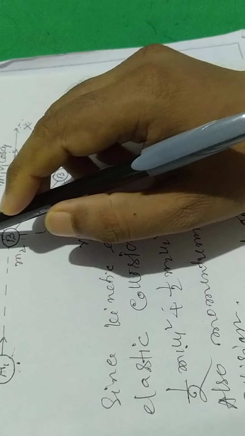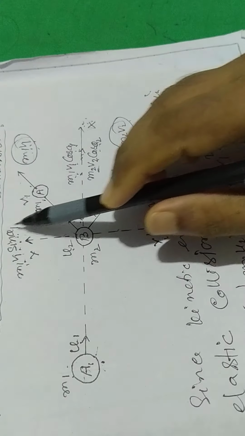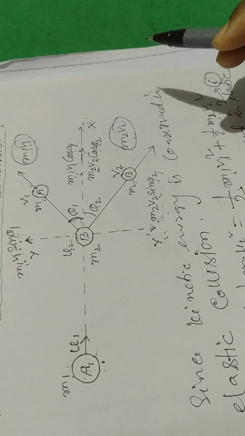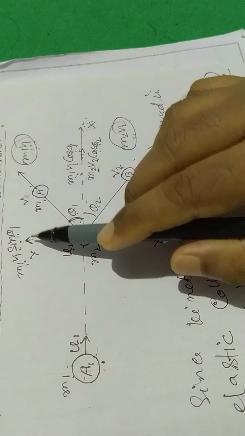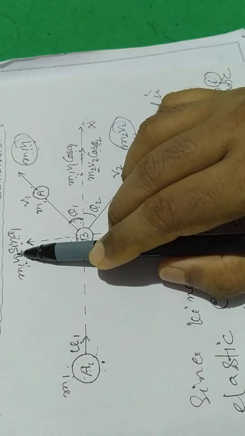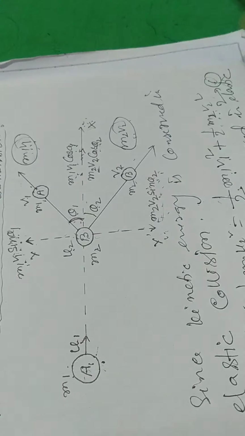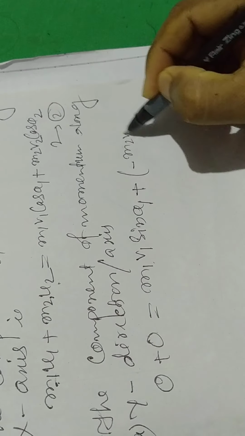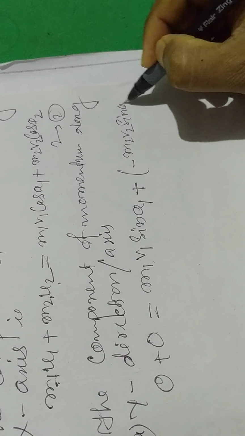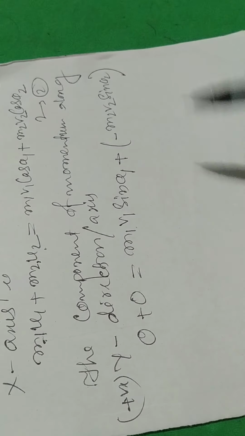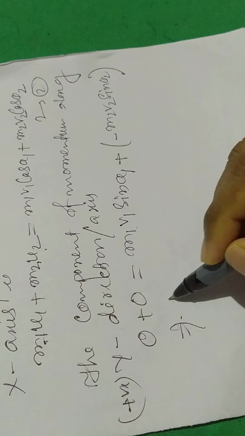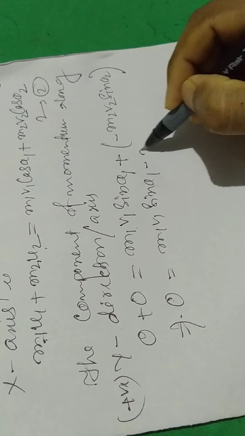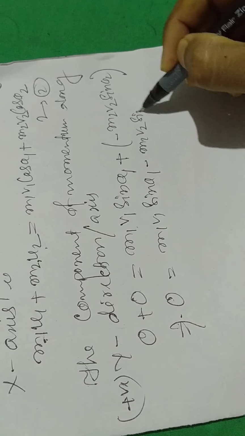Since we are writing along the positive y axis, m2 v2 sin theta 2 becomes negative. So 0 equals m1 v1 sin theta 1 minus m2 v2 sin theta 2.